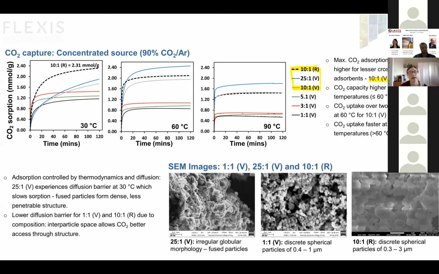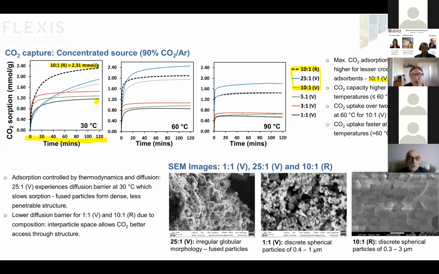All of the adsorbents have their lowest adsorption capacity at 90 degrees. CO2 uptake over the 2-hour adsorption period is highest at 60 degrees for the 10:1 V and 25:1. However, we can see that for 1:1, 3:1, 5:1, and 10:1 R, they reach their highest adsorption at 30 degrees, which is good for direct air capture. 10:1 R reaches a very good capacity of 2.31 millimoles per gram at 30 degrees. So this is a very promising material.